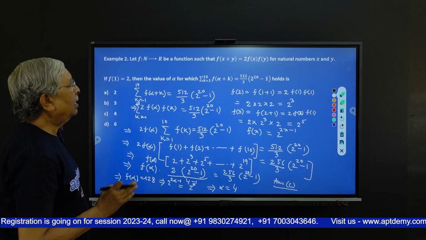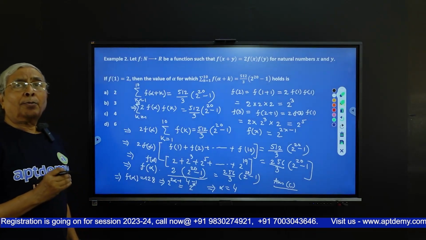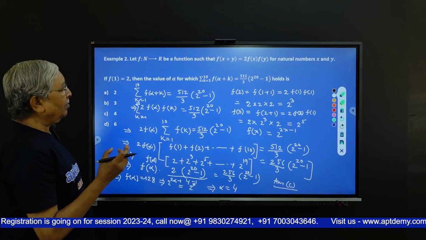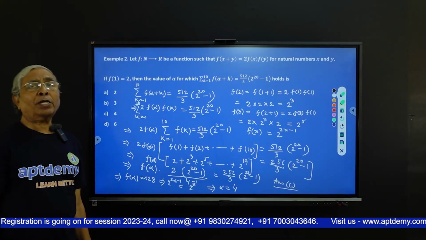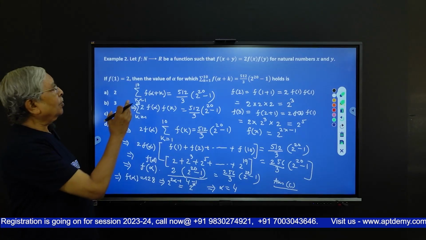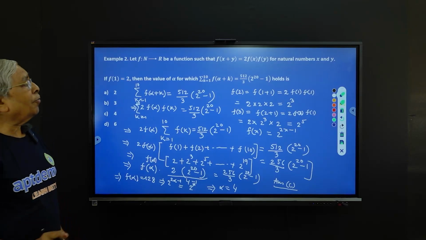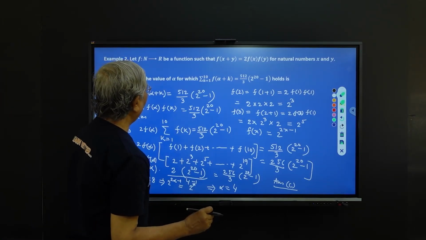You were given f(x plus y) is equal to 2 f(x) into f(y). From this we have calculated the value of f(2), and you are given f(1), f(2) and f(3). So in general we can write f(x) is equal to 2 to the power (2x minus 1). Now we start from the given condition sigma k equals 1 to n of f(α plus k) equal to 512 by 3 into (2 to the power 20 minus 1).